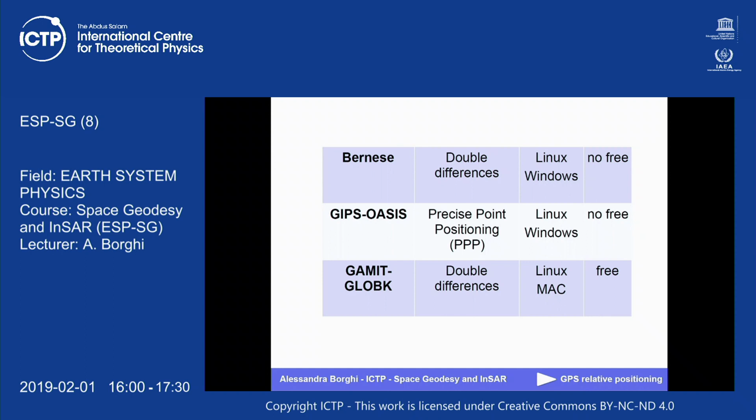Bernese is developed by the University of Bern in Switzerland, and even for scientific application it's quite expensive. If I remember well, but it's a long time since I bought this software, you can spend 8,000 to 10,000 euros, so it's quite expensive.